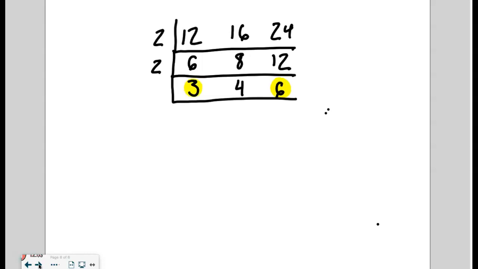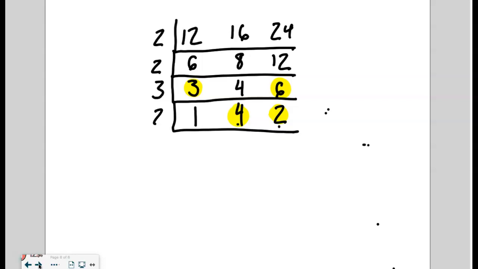So 3 and 6 can go into each other. So we divide 3 into 3, which is 1. We drop down the 4, and we take 3 into 6 2 times. Now we do our 2, because 2 can go into both 4 and 2.